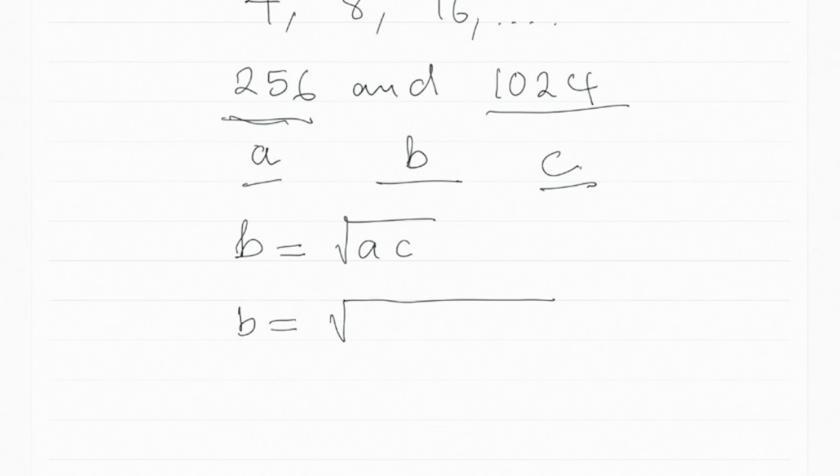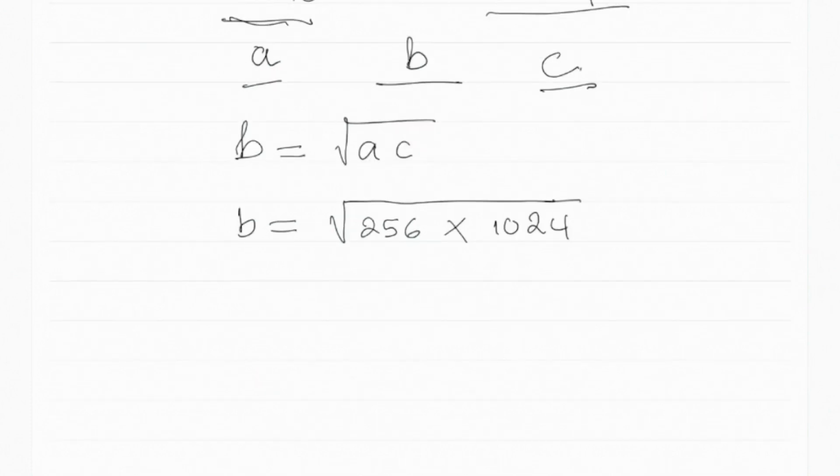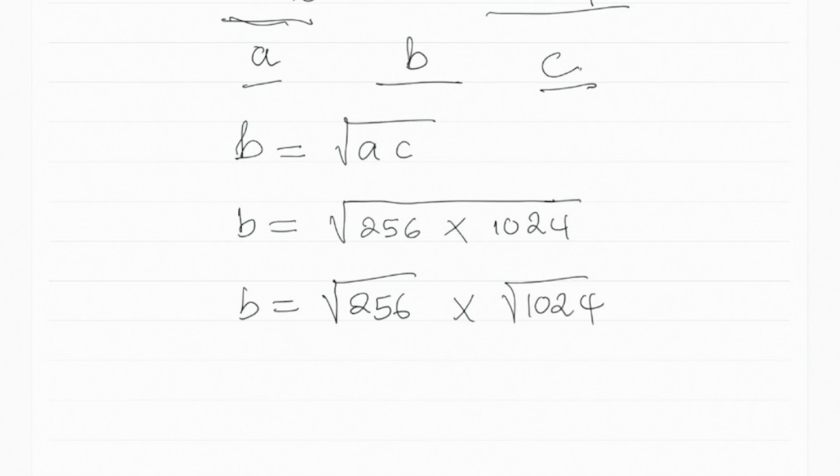substitute these given terms. So the first term is 256, which we are multiplying by 1024. Here you also need to understand that the square root of 256 times 1024 means the square root of 256 times the square root of 1024.